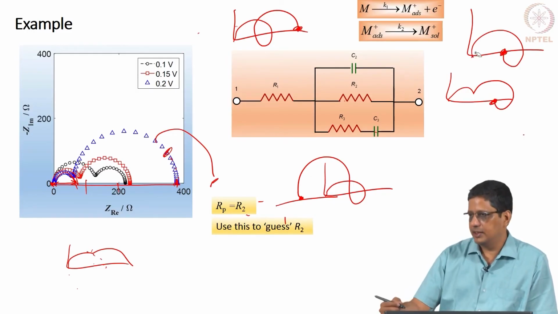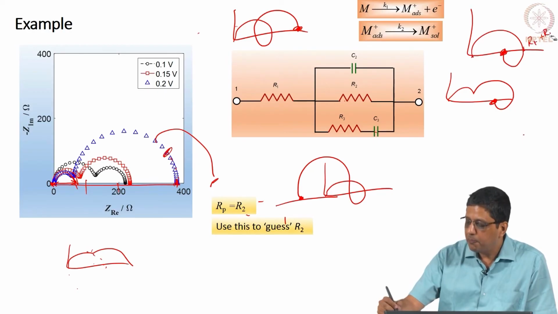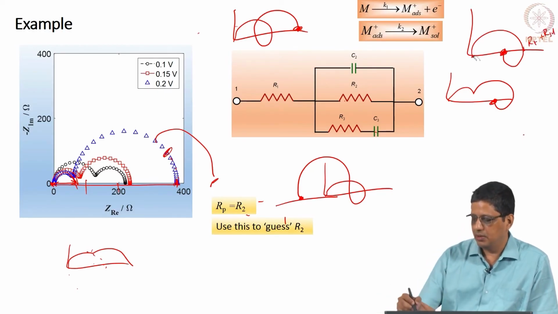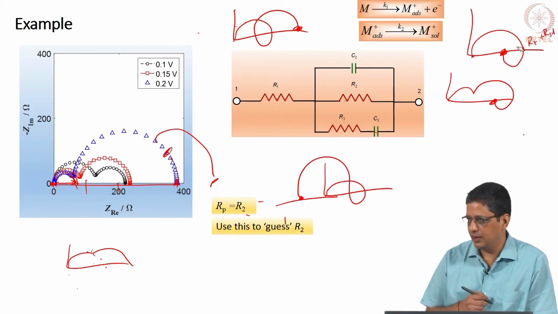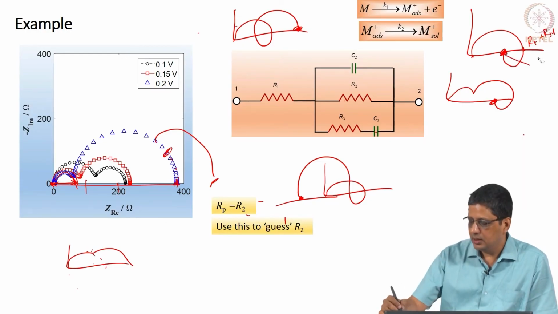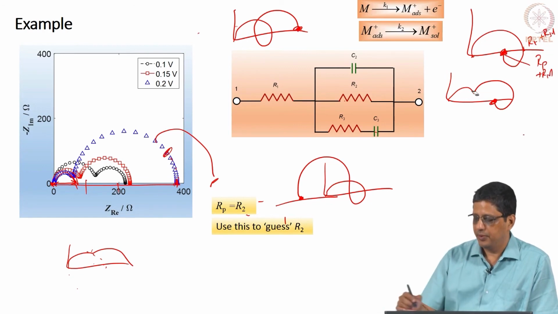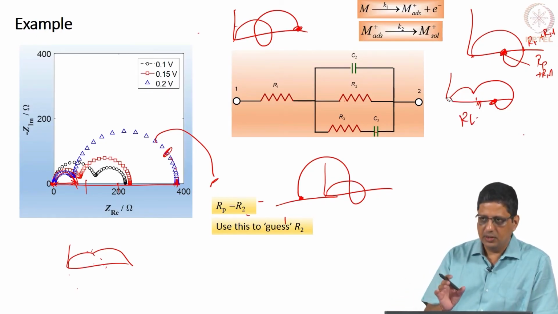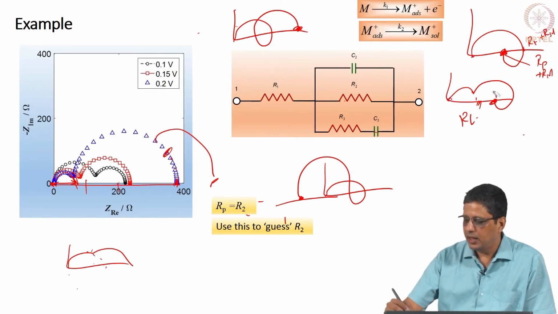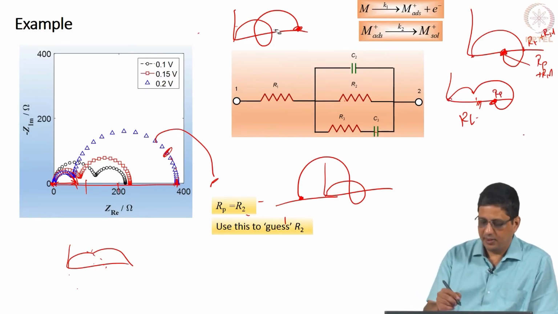This is solution resistance. This point is RT plus R solution, and if this is 0, we will just call it as RT. This is Rp plus R solution. This is RT, assuming solution resistance is 0. I am going to skip that phrase now. I will assume solution resistance is 0 and I will say this is Rp.